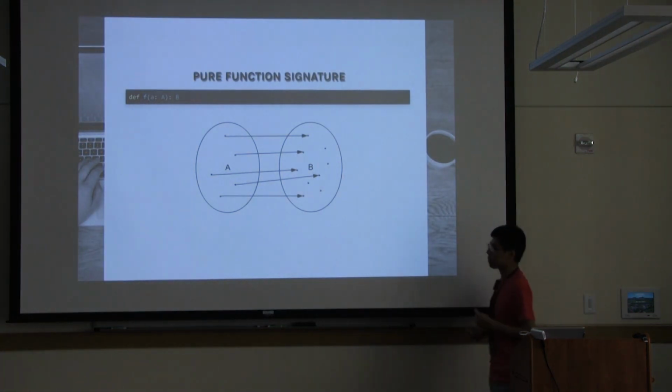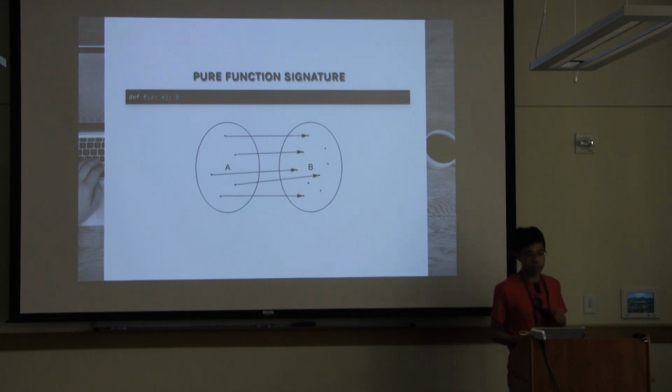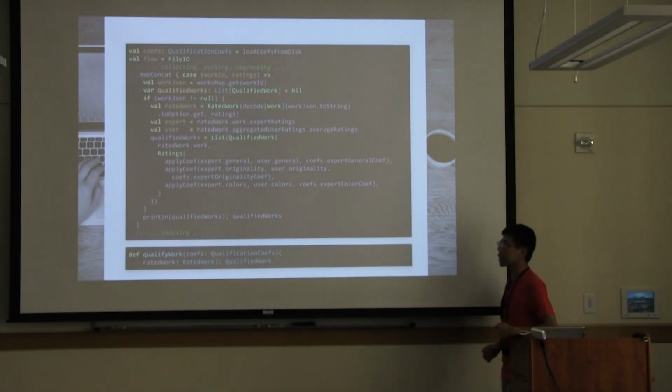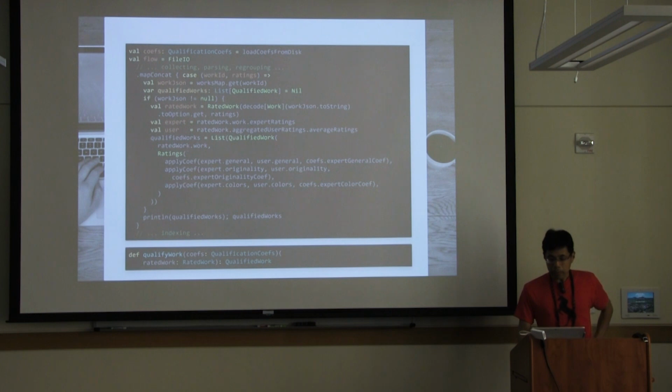So remember that in pure FP, every function that you make must be pure, total, and deterministic. Coming back to our qualification process, if you remember, the qualification process needs to produce a qualified work. A qualified work needs a work of arts and the objective ratings.